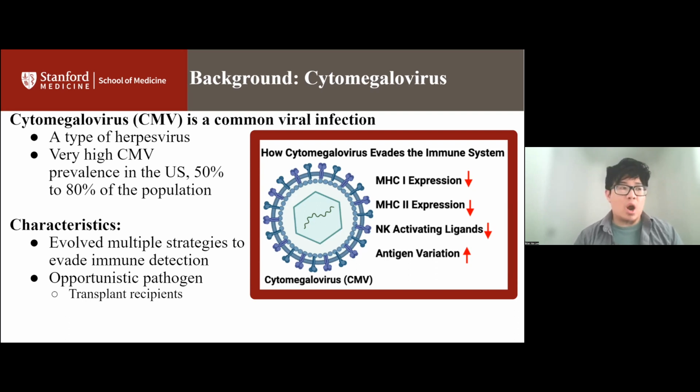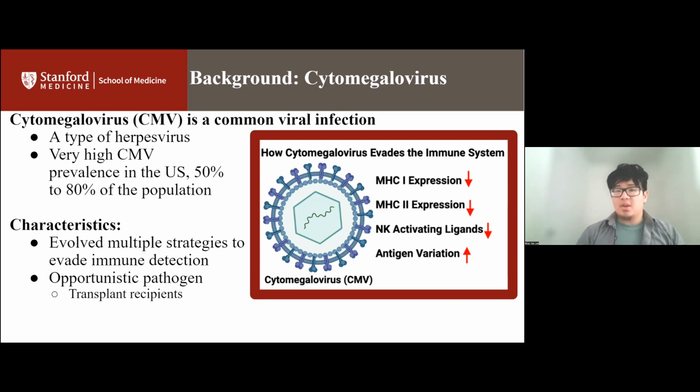It's what they call an opportunistic infection, where it only causes problems when you are facing cases of immunodeficiency, right? So in cases of HIV, or in our case, transplantation, where you have to take immunosuppressive drugs in order to prevent allograft rejection.